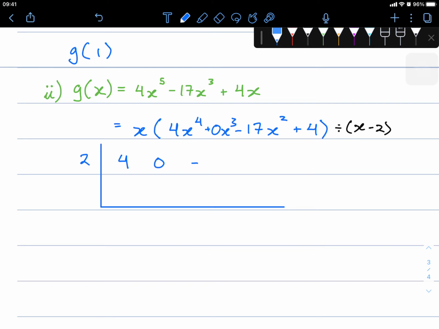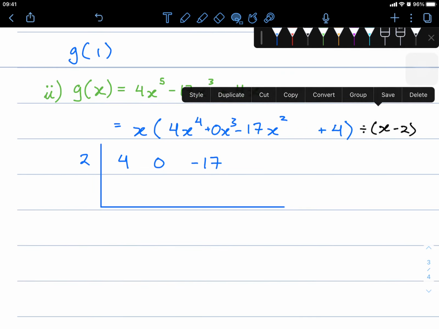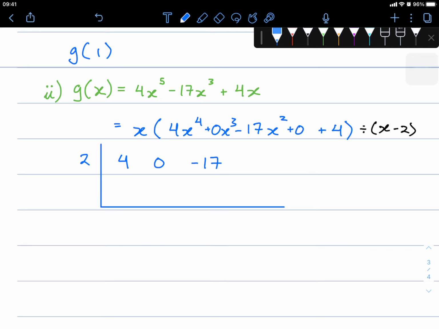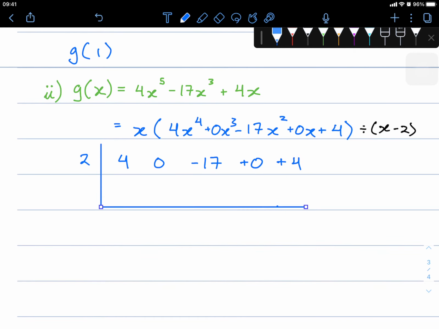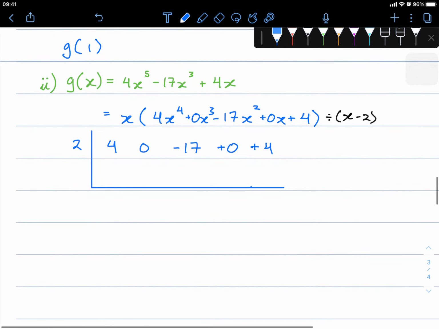Moving right along, negative 17. And notice again, it's missing x to the power of 1. So there's another hidden 0x here, plus 4. So be mindful that you don't miss those as well.